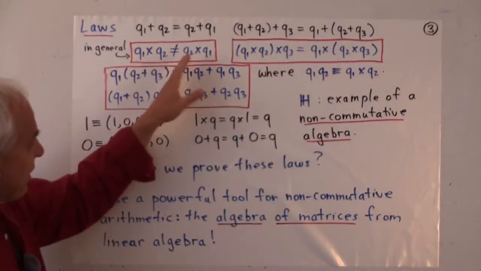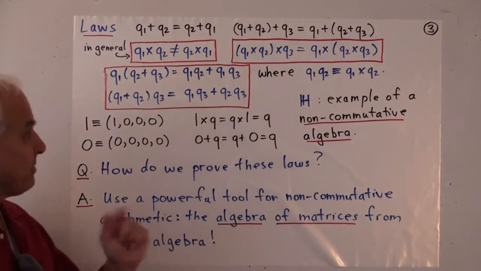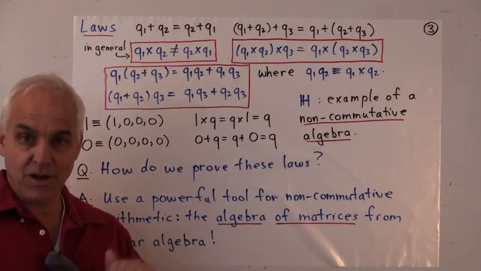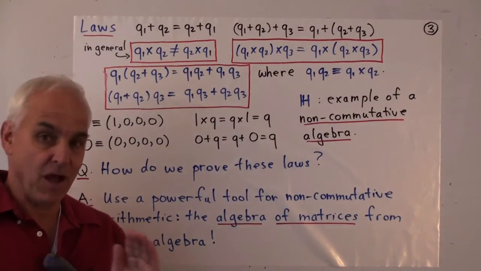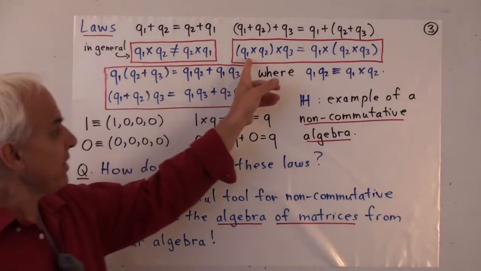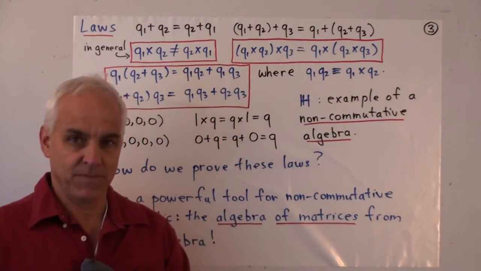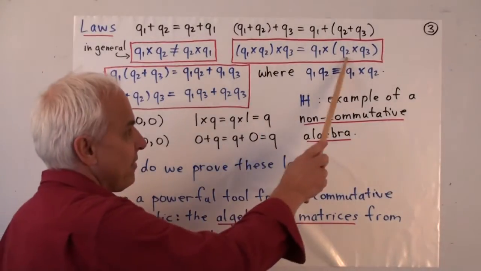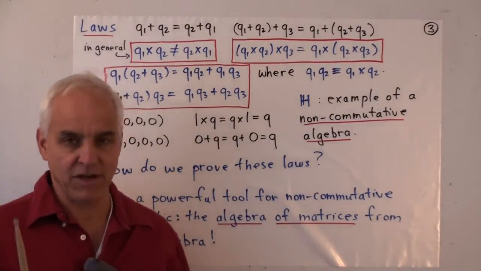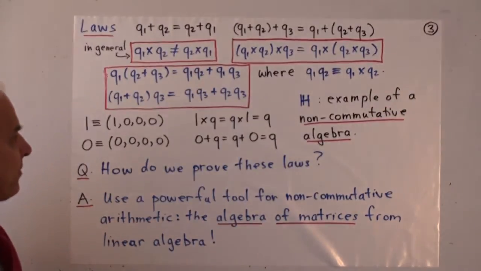So when I write this down, I don't mean for all Q1 and Q2. I mean, generally speaking, there are some situations where we can have commutativity of two particular quaternions, but it's not the general case. However, crucially, the associativity of multiplication does still hold. And this is really the fundamental driver of the subject, the fact that we have associativity of multiplication. It's really the non-trivial aspect to these laws.